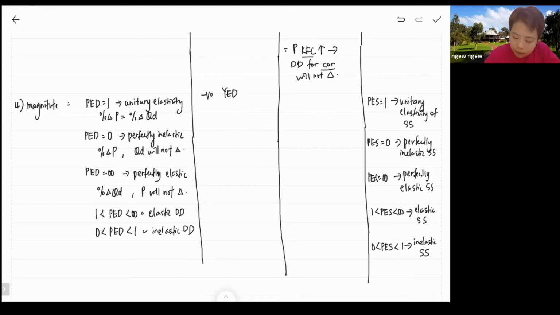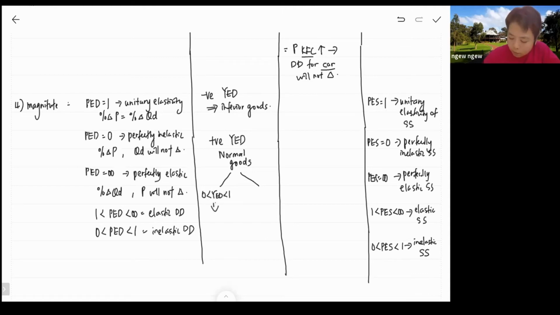when we are looking at negative YED, which is inferior goods as mentioned just now, we don't really need to care about the magnitude at all. But for positive YED, which means normal goods, we need to distinguish the magnitude into two categories. We have YED between 0 and 1.